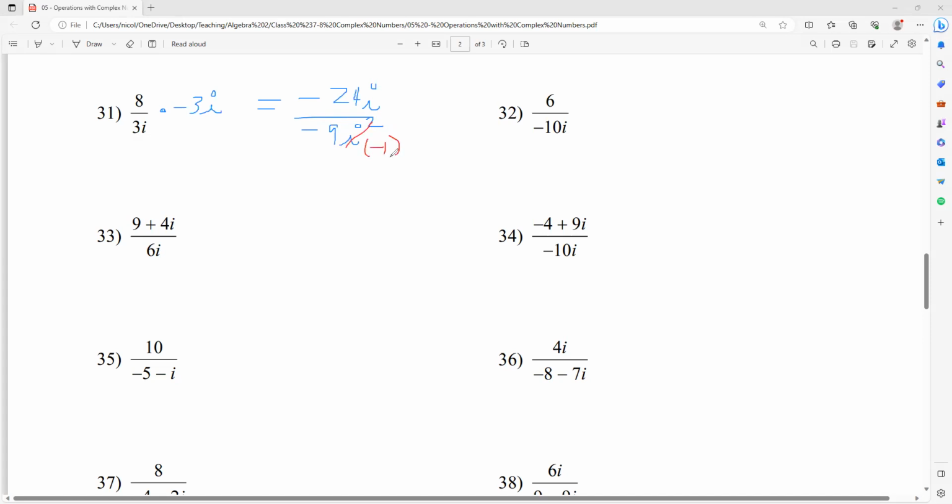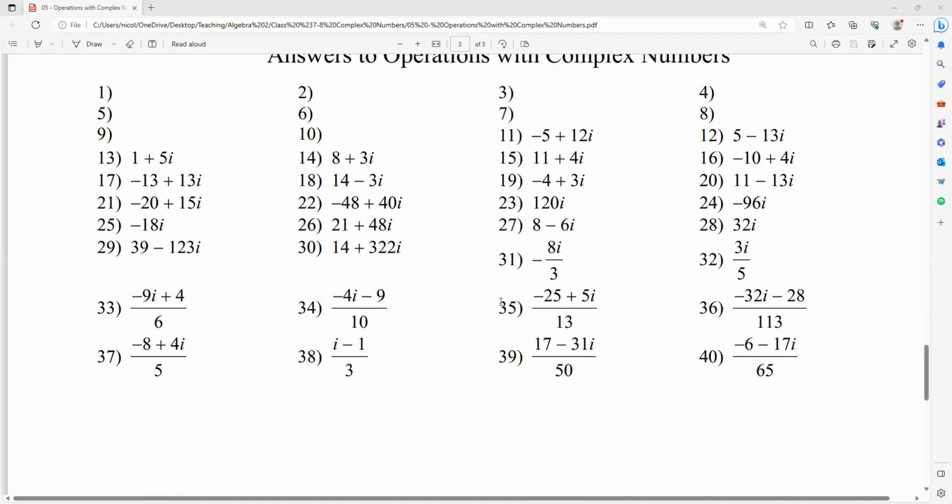So this becomes a positive 9. So we now have as our answer negative 24i over 9. And then we simplify, dividing top and bottom by 3, and we get negative 8i over 3. And that's the answer for number 31. You can see here, that's the answer.